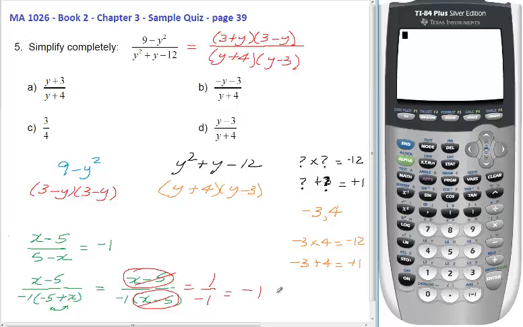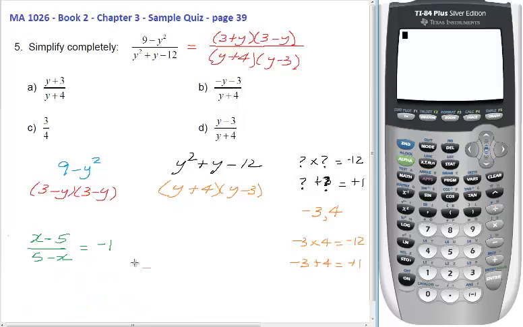When you recognize that, you don't have to do all those steps. All you need to do is recognize when a factor cancels with another factor to give you negative 1. Here are some more quick examples. If I had 3x minus 2, in order to cancel it would have to be 2 minus 3x. Just cancel them and put down negative 1. 10x minus 7 would have to be 7 minus 10x.